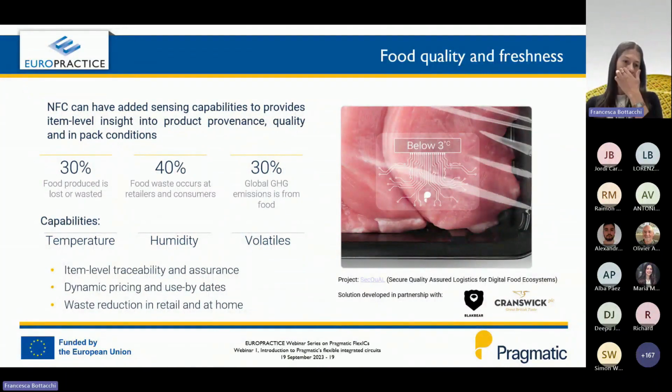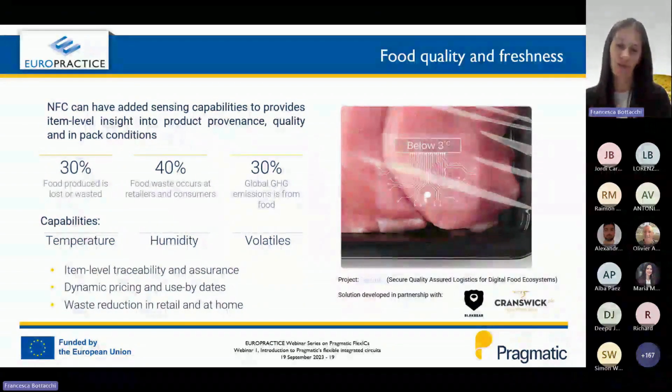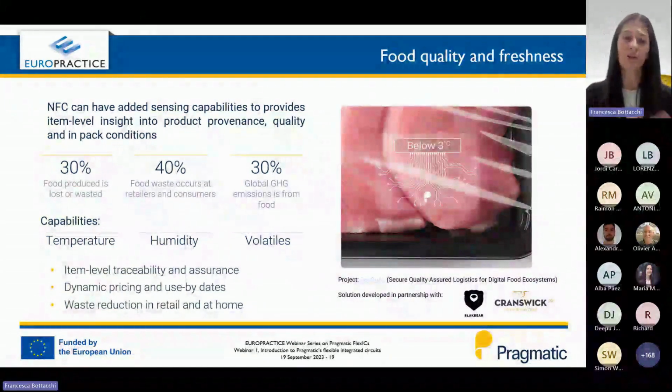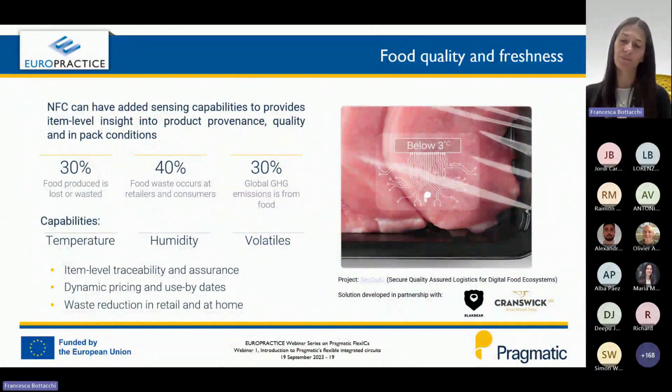And so by adding a real-time sensor inside of the package, you could really inquire and check the status of your food and, for example, use it for dynamic pricing and dynamic use by date to make sure that the use by date really reflects the status of the food. And this can be used to massively reduce food waste at home and also in retail.